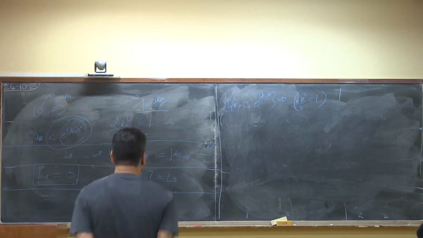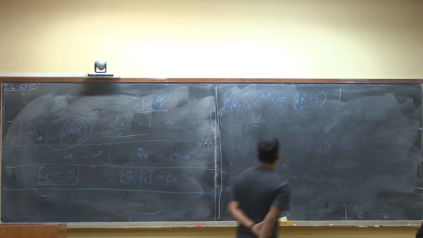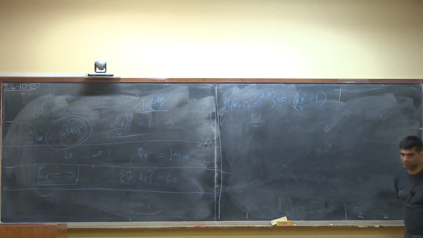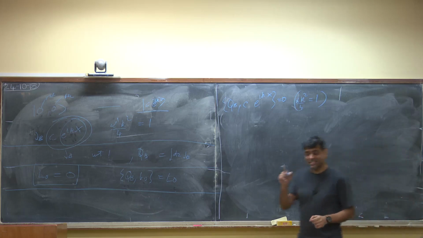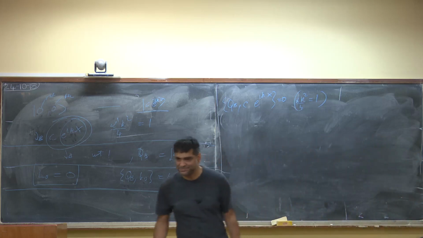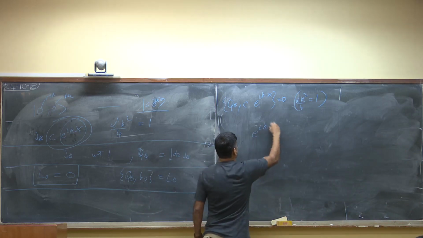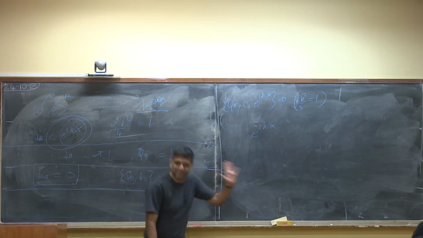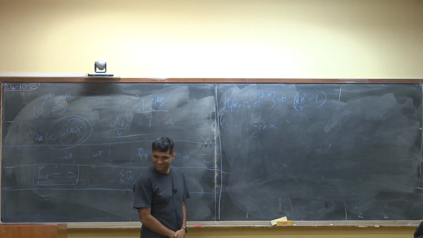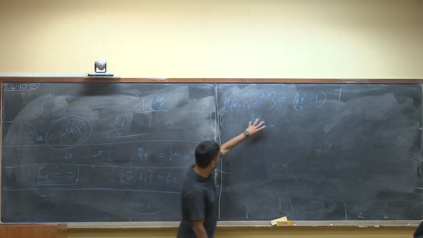Now we want to check whether any state of this form can be Q exact. But we've seen that the BRST operator doesn't change momentum. So it has to be some state of the form e to the i k dot x times something else. This already has dimension 1.